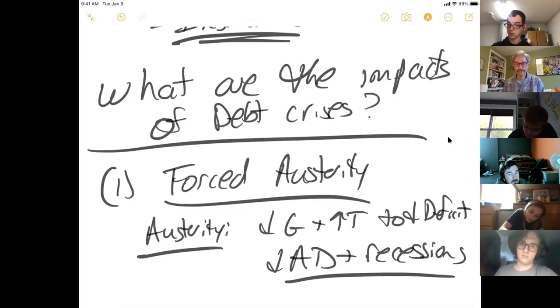Historically, this has led to big falls in aggregate demand and recessions. When governments are forced to cut spending so dramatically, as they often are, sometimes these are cuts in government spending of 20 or 30%. That's going to be a big fall in aggregate demand.